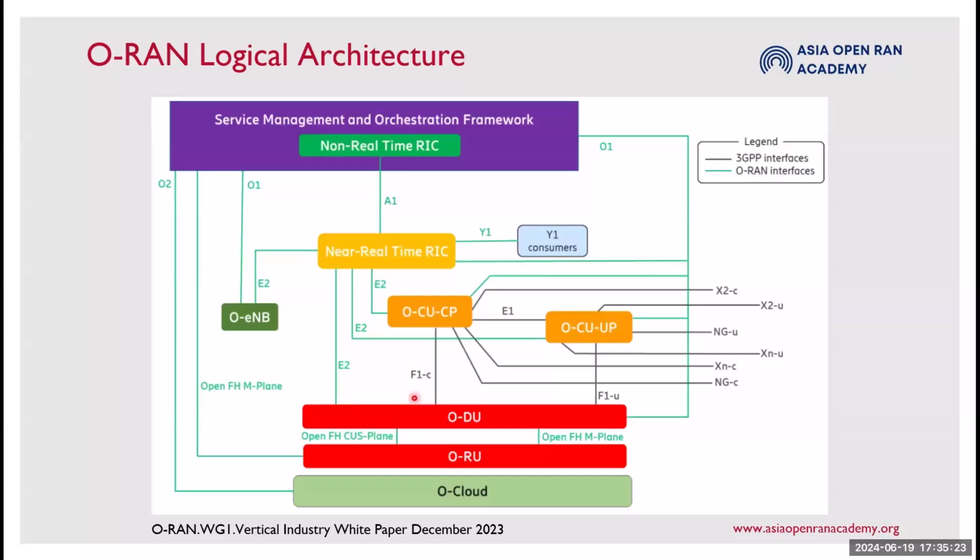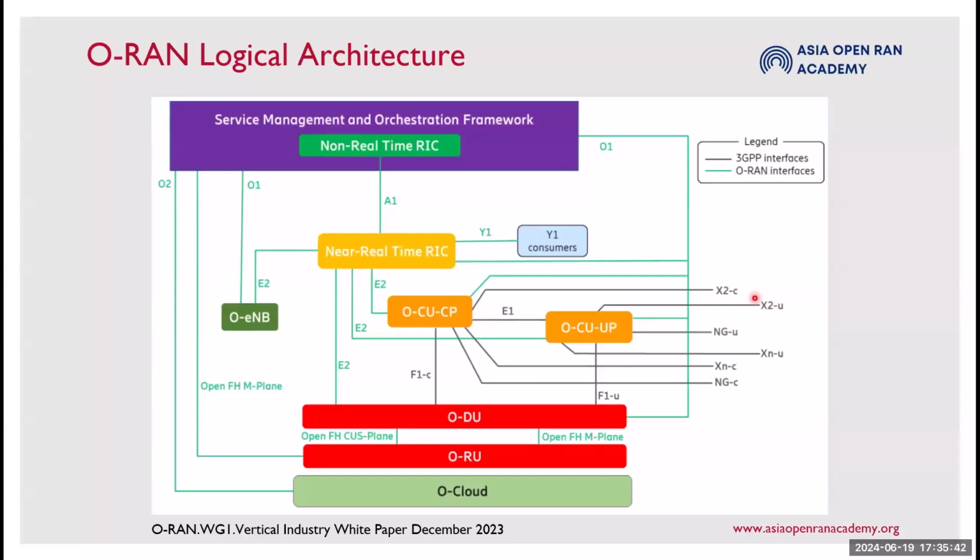What I want you to remember in this architecture is that if you will see these connections, this legend, the 3GPP interface, they have retained the 3GPP interface. So meaning we are using the same 3GPP standards using the Open RAN.